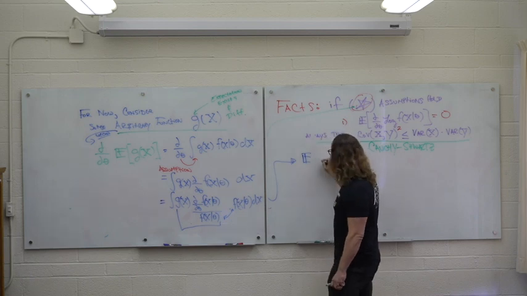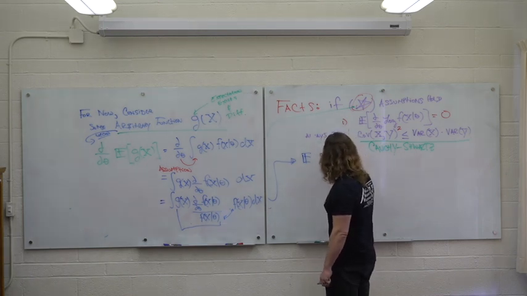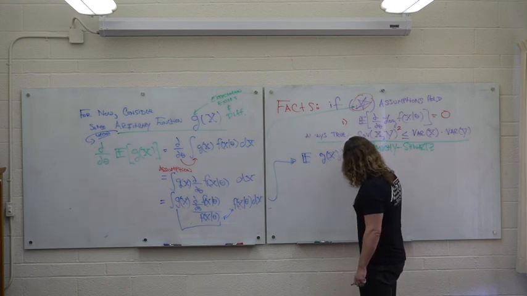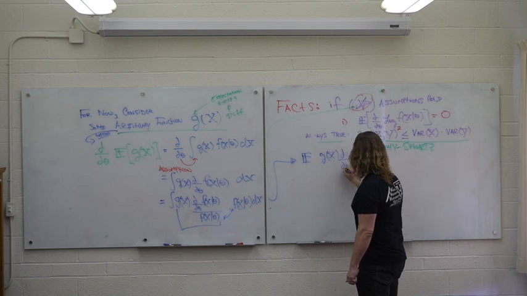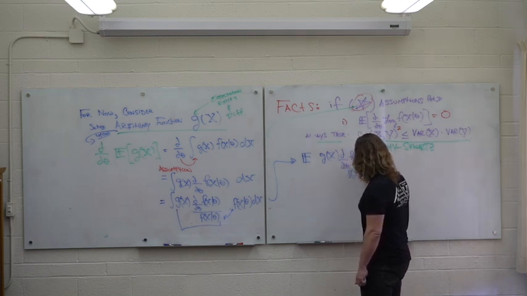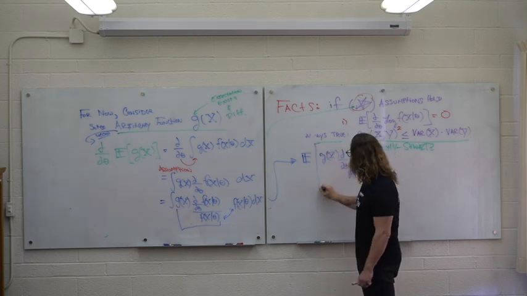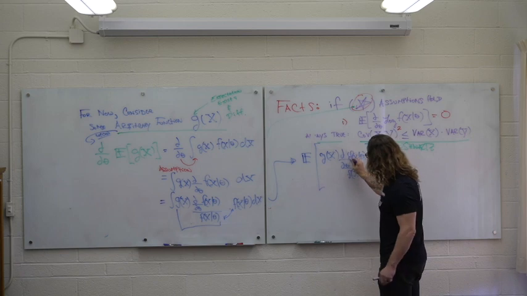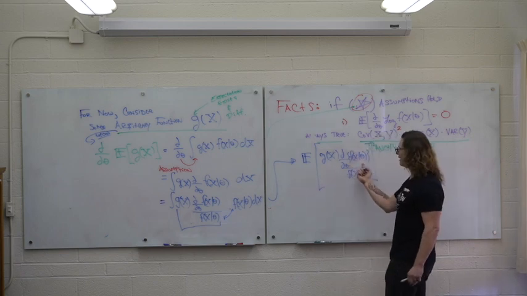So this is the expectation of g(x), derivative, f(x given theta), over f(x given theta). Just keep in mind, this derivative is acting on that.